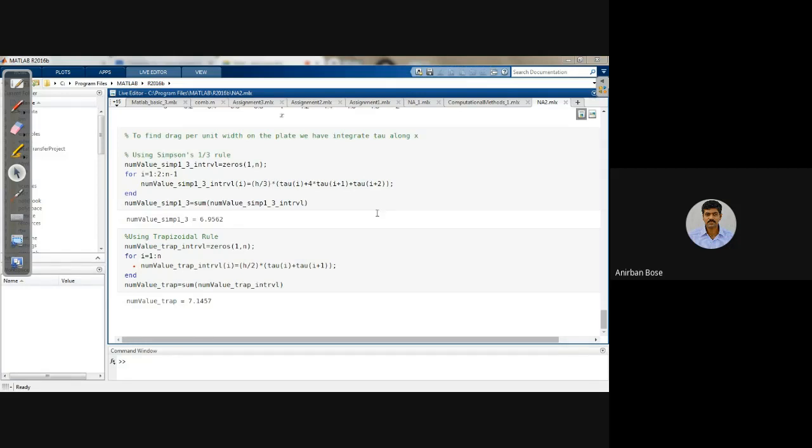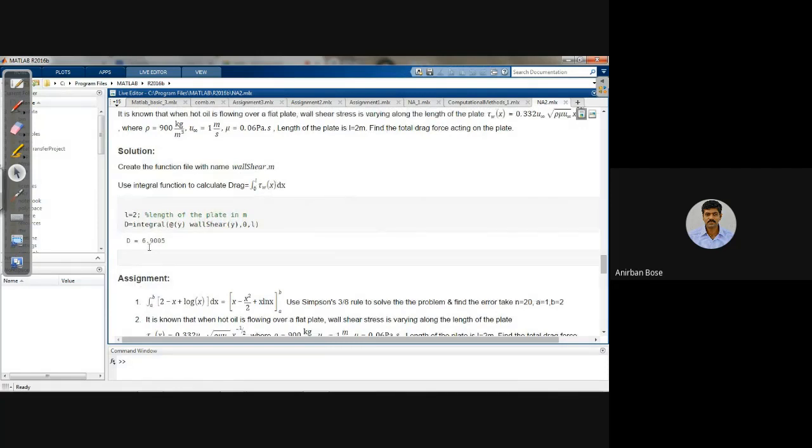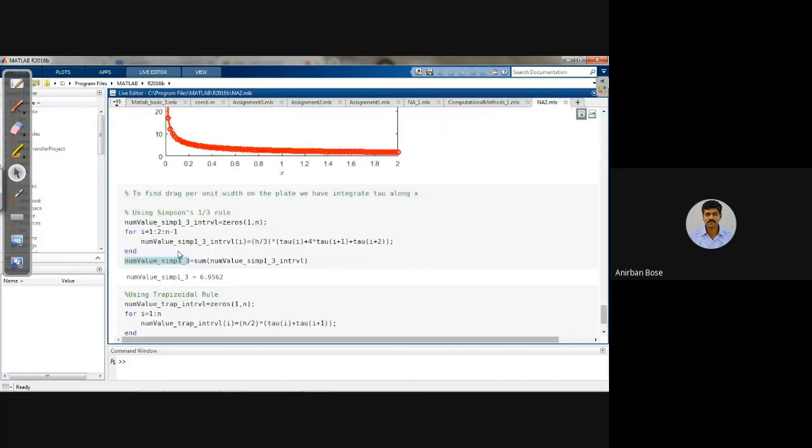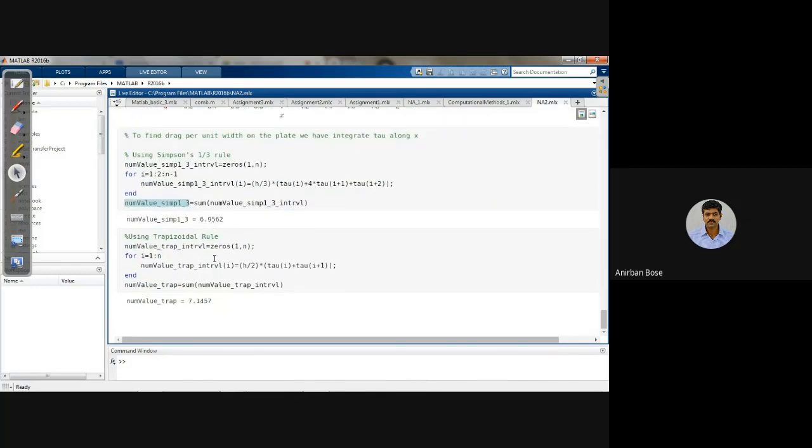You will find that the solution which is coming is 6.95, whereas in case of the trapezoidal rule, if you apply it, it is coming 7.14, whereas the actual value of the integration, if you remember, is 6.9005. So this value 6.95 is pretty close, and this is 7.1. Okay, definitely you can increase the number of segments. Okay, thank you.